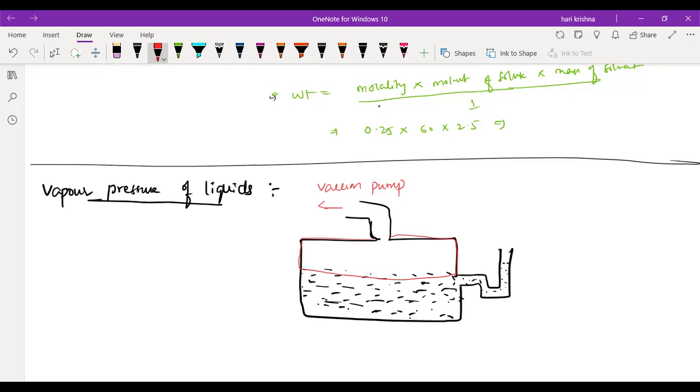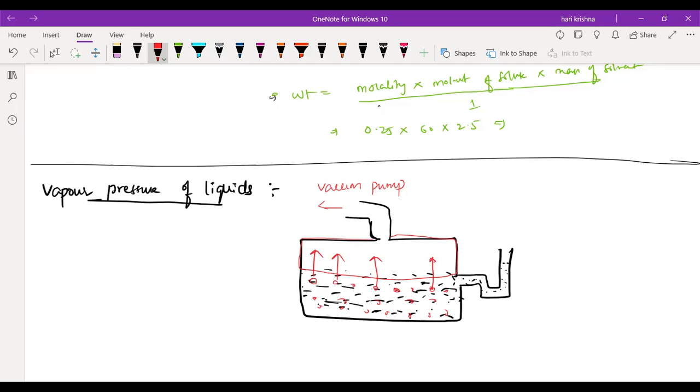Now, whenever these two are there, some particles will be there in the liquid, right? So these particles, whichever have the higher kinetic energy, will move from the liquid state to the vapor phase.